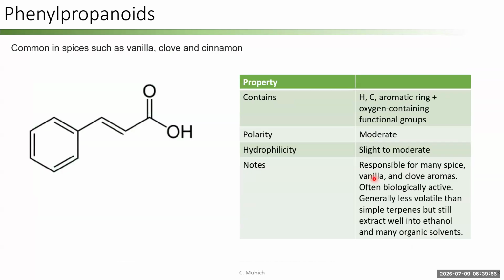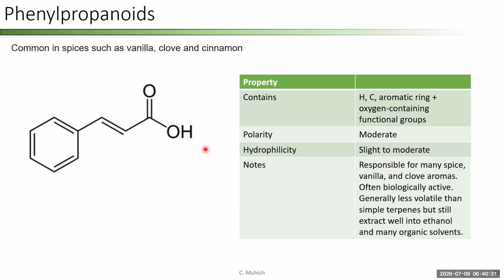So the next set of compounds that we're going to encounter are phenylpropanoids. These are the compounds that we'll see in spices often, such as vanilla, clove, and cinnamon. These contain two specific groups. They have to contain this phenyl ring, this benzene ring, and an oxygen-containing functional group. In this example, there's a carboxylic acid, right?